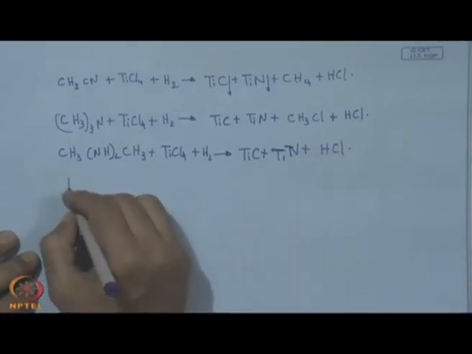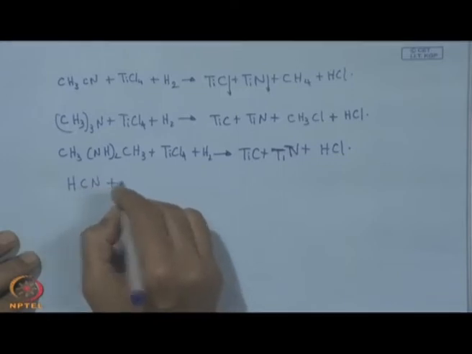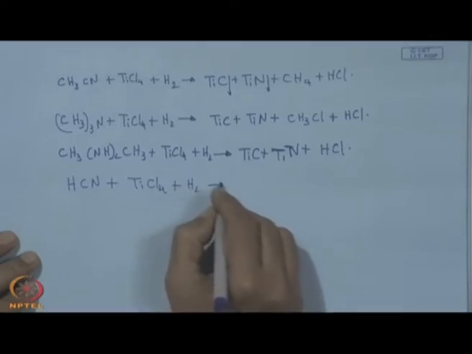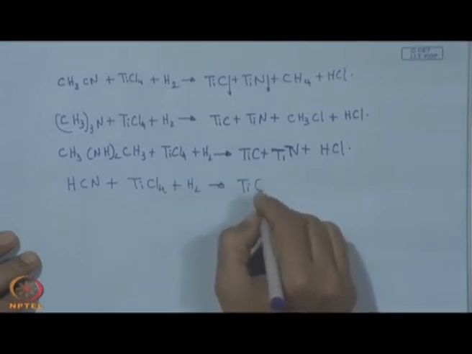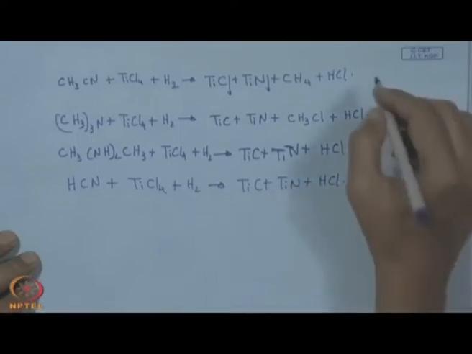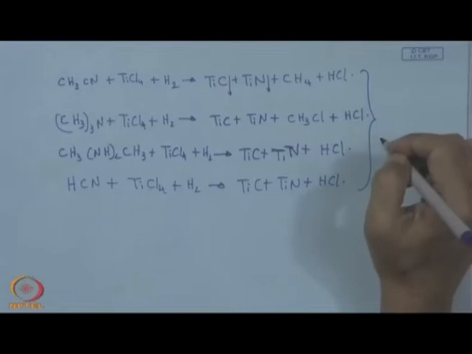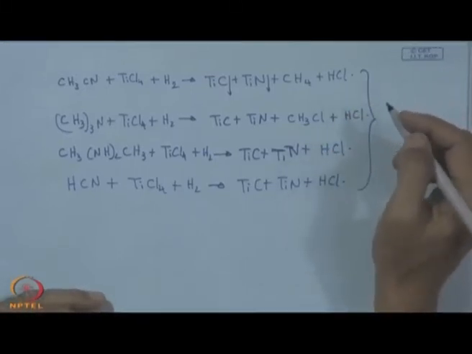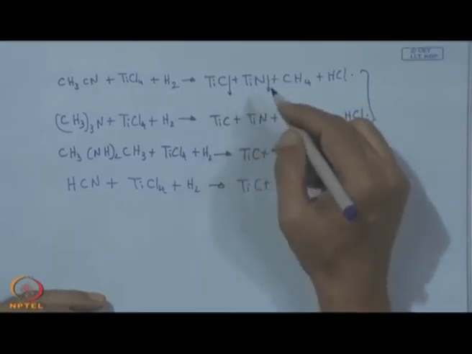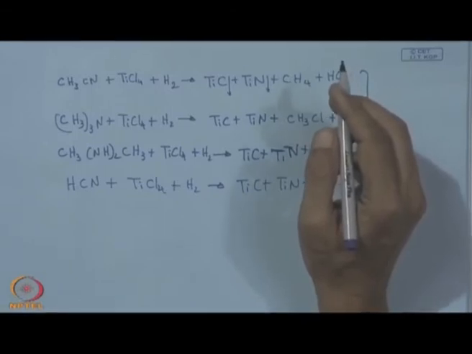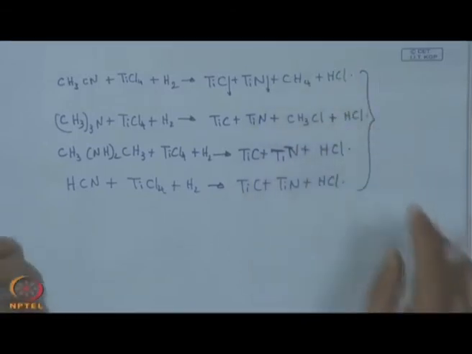And the last one, which can also be a good candidate for this chemical reaction, gives us straightforward TiC plus TiN and HCl. So, we can see that at least there are 4 chemical routes which can lead to formation of TiC, TiN, and the exact requirement will be served by this Ellingham diagram.